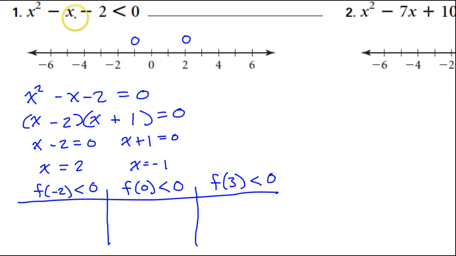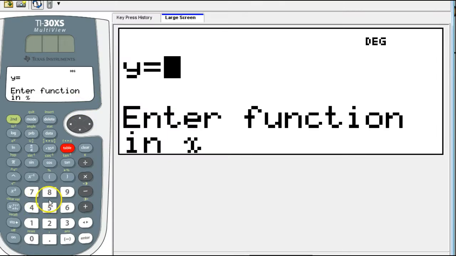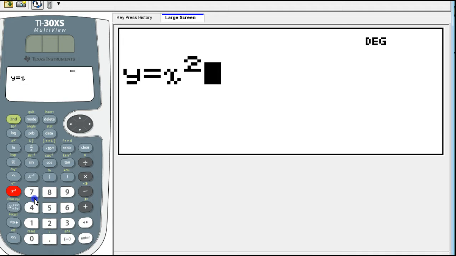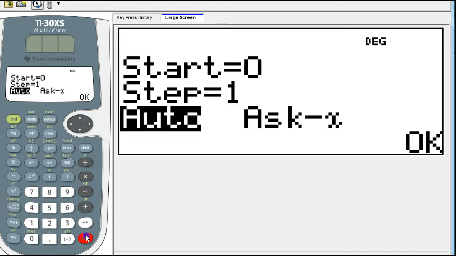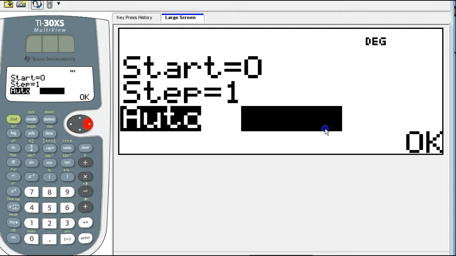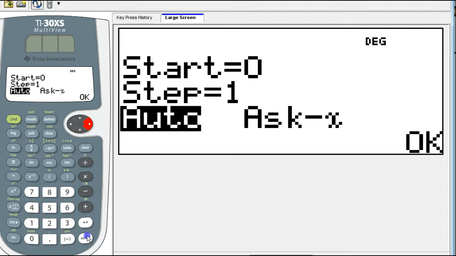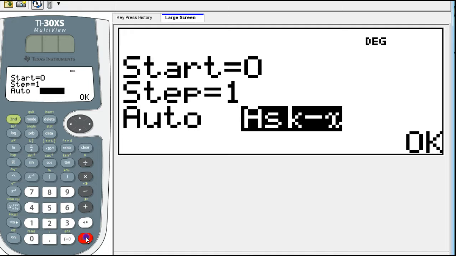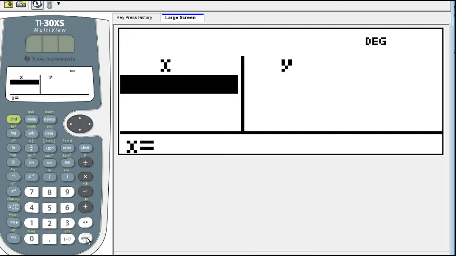And so we have x squared minus x minus 2. Enter. All right, now for this procedure, I prefer to use the Ask X feature. It just gives me direct control. So that's what I would recommend.